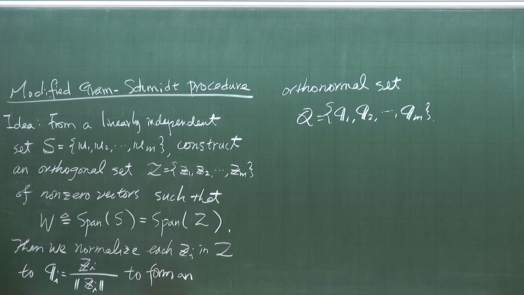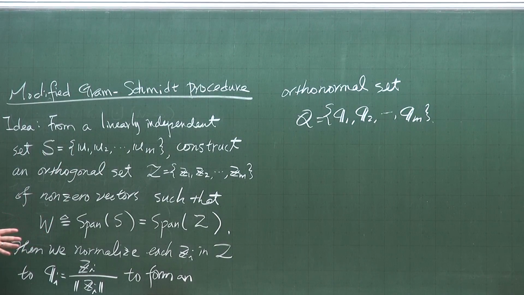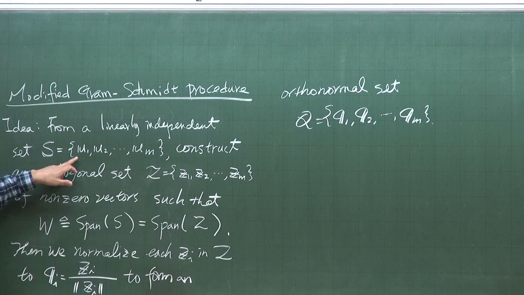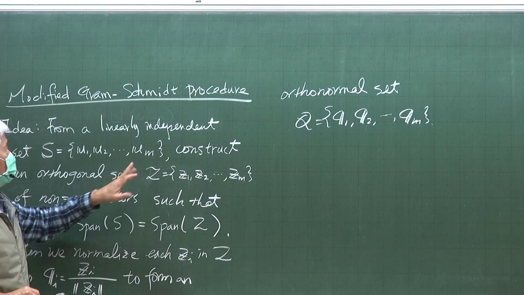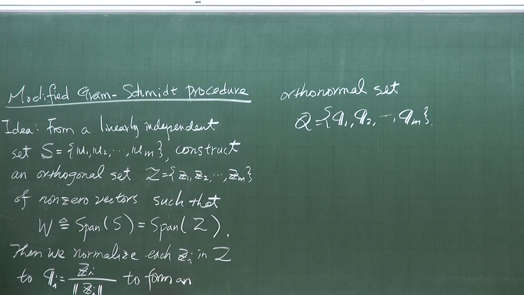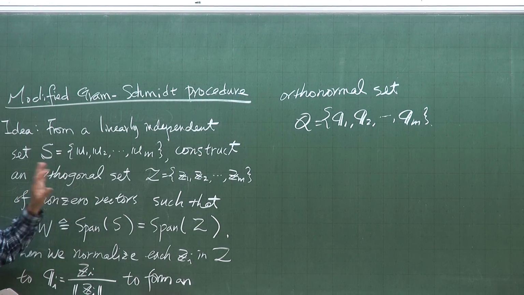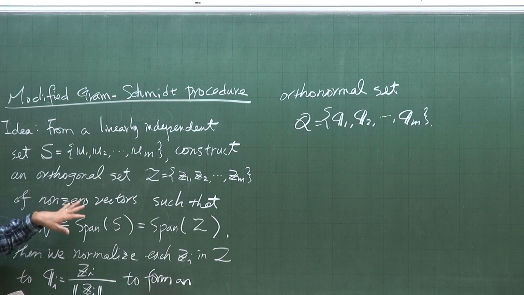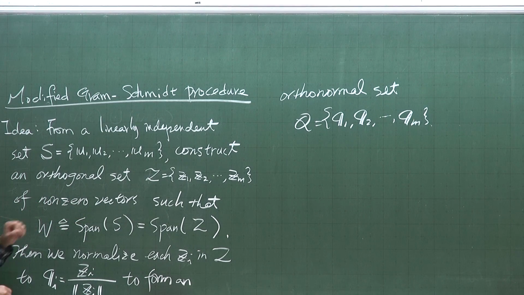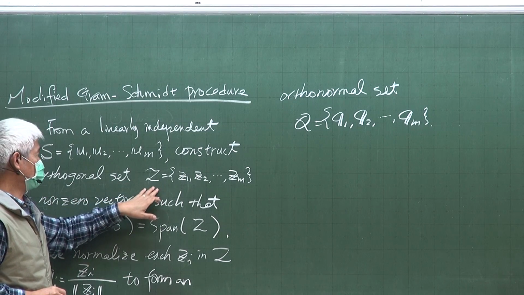The idea is to form a linearly independent set u1, u2, up to um, and construct an orthogonal set of non-zero vectors instead of constructing an orthonormal set directly.